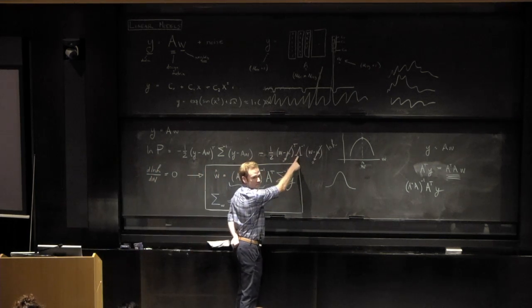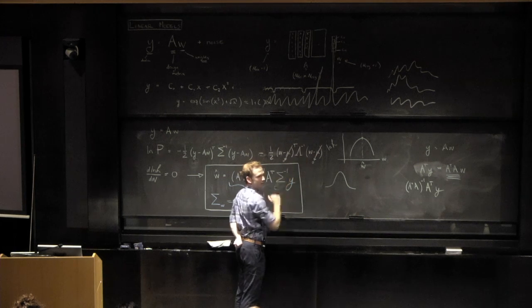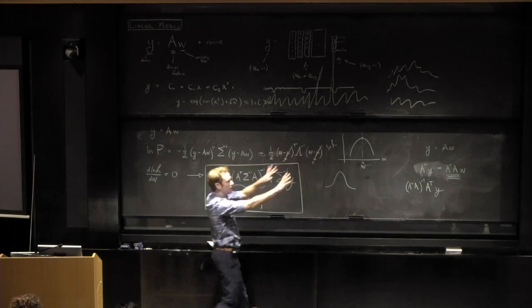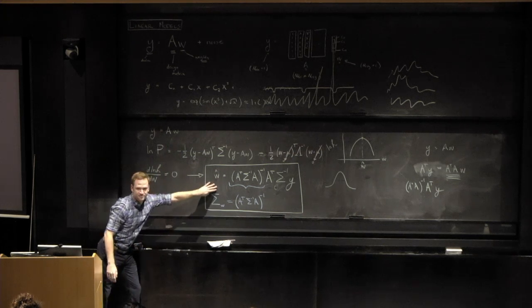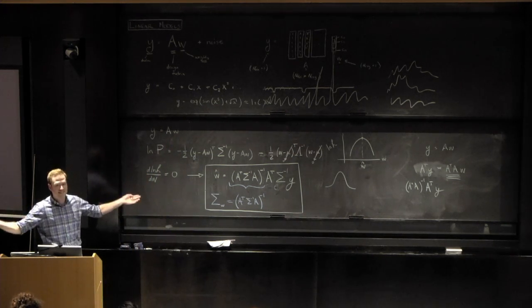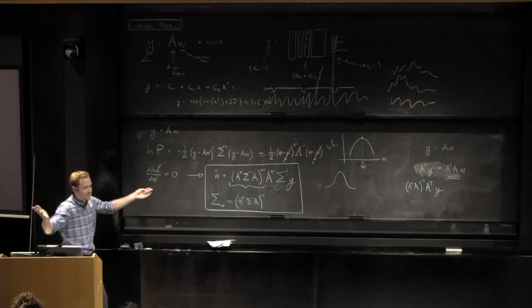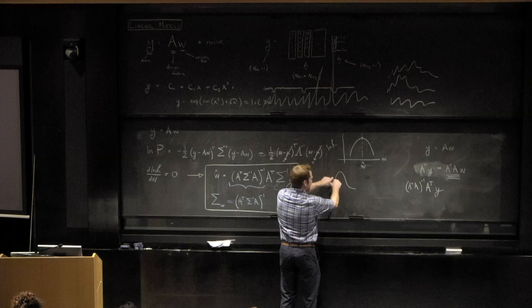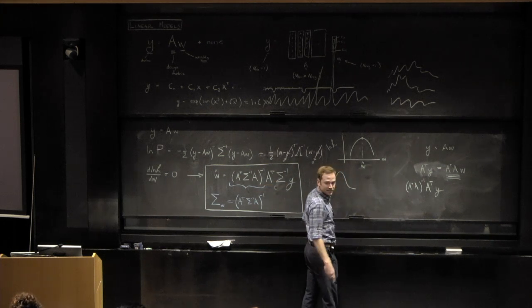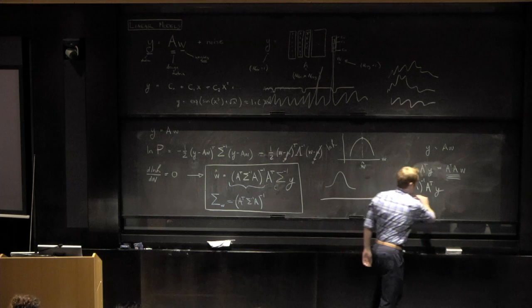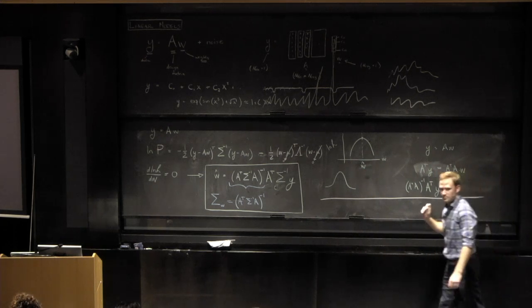If this thing is infinity, and I invert it, this is just 0. And I get to this. Having infinite variance on the prior doesn't tell you anything. It's in fact the same as assuming a flat prior, because as I make this Gaussian infinitely wide, my prior density everywhere is just flat.